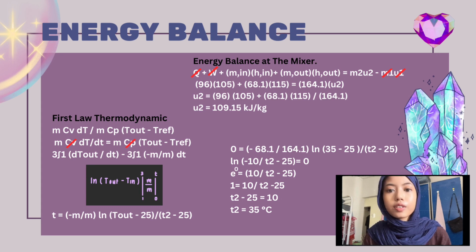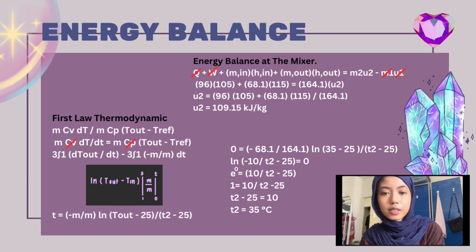The temperature differential equation then changes with time. We integrate as stated in the slide. This represents the energy balance equation. The outlet temperature can then be found by substituting the provided values. This energy balance calculation gave an outlet temperature of 35 Celsius for the mixture in the insulated mixing tank.